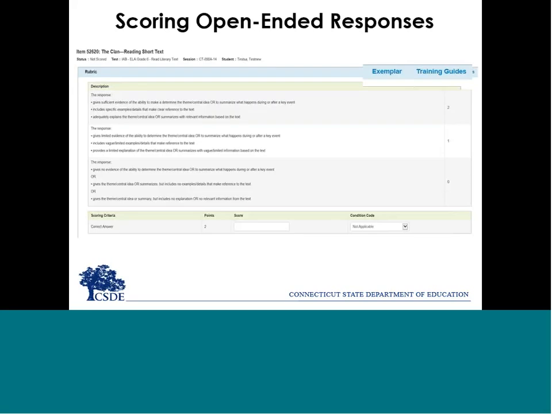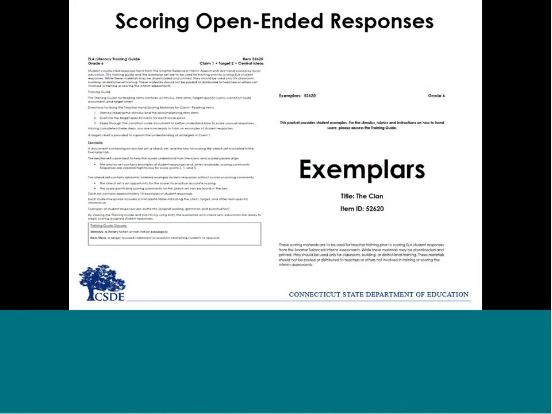One place you can access the exemplar set and the training guide is above the rubric for the specific item you are scoring. The teacher hand scoring system gives the scorers access to a training guide, which contains directions for using the materials, a stimulus or stimuli if appropriate, the item stem, a rubric, condition codes, and lastly, a chart of the grade level claim and targets that correspond to the item.